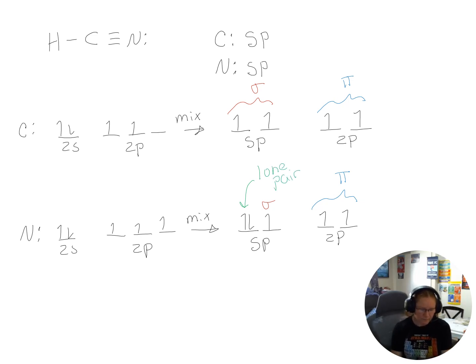All right, you ready to try another one of those crazy diagrams? So we've got our hydrogen, our carbon, and our nitrogen. Let's make the carbon a little more central. On the carbon, there's where we'll get that linear.